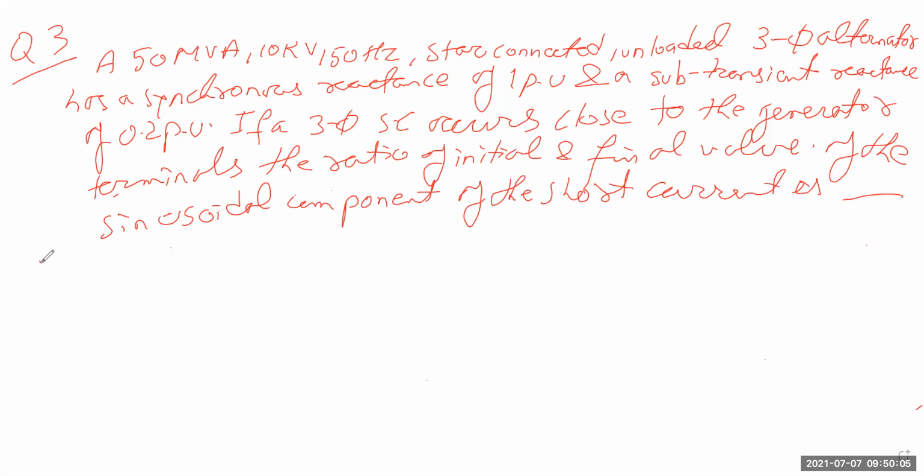So this question says that a 50 MVA, 10 kV, 50 Hz star connected unloaded 3-phase alternator has a synchronous reactance of 1 per unit and sub-transient reactance of 0.2 per unit. Now if a 3-phase short circuit occurs close to the generator terminals, the ratio of initial and final value of the sinusoidal component of the short circuit current is, so this value we have to find.